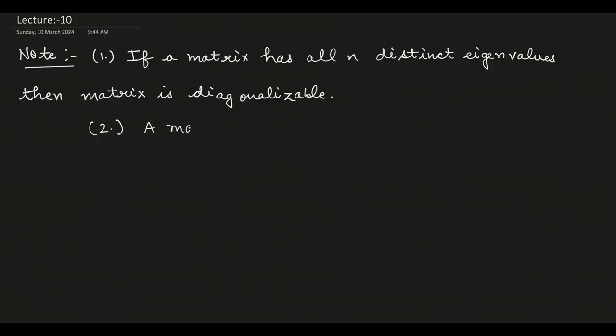A matrix is diagonalizable if and only if A has n linearly independent eigenvectors.